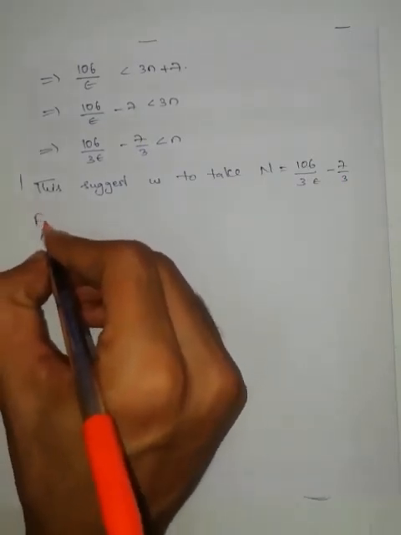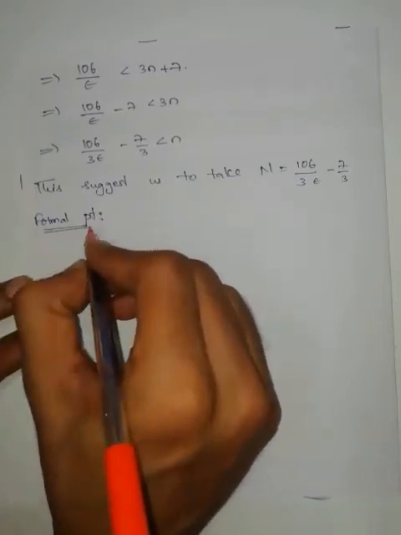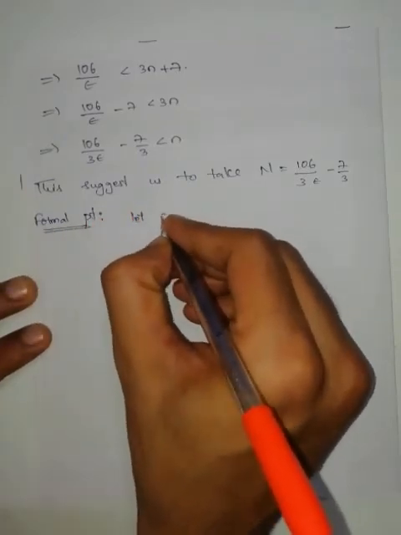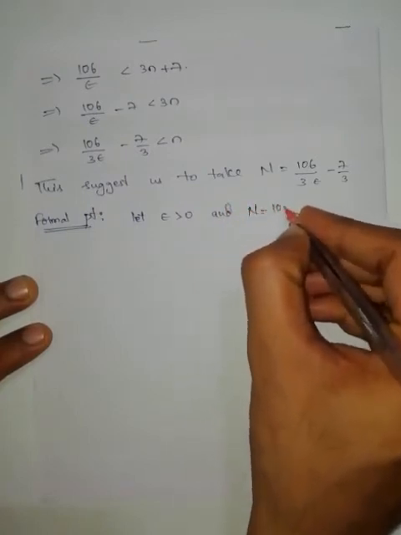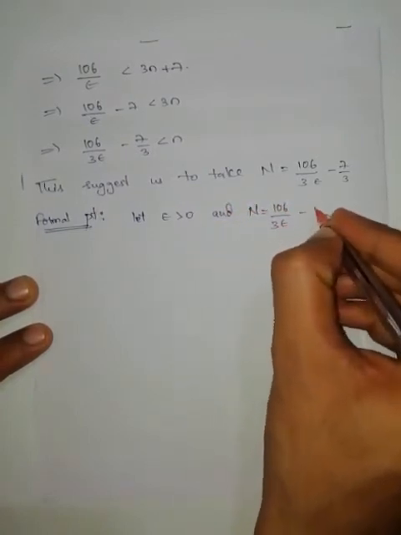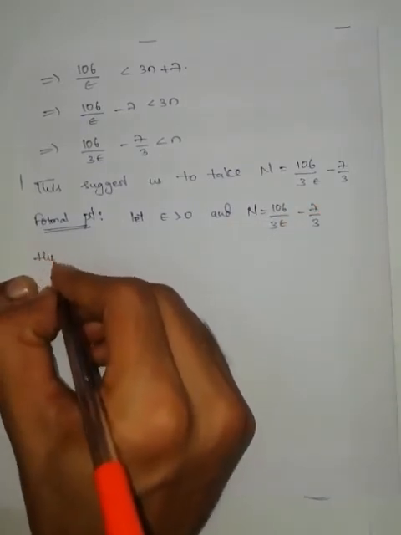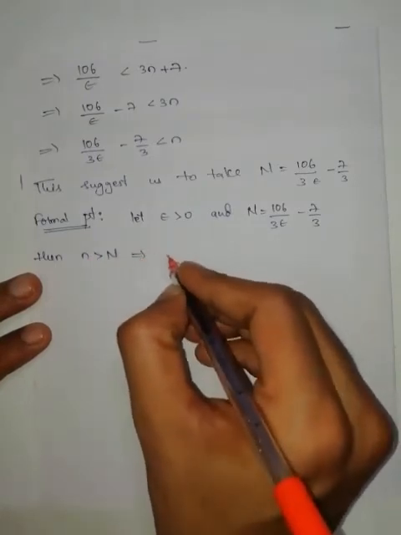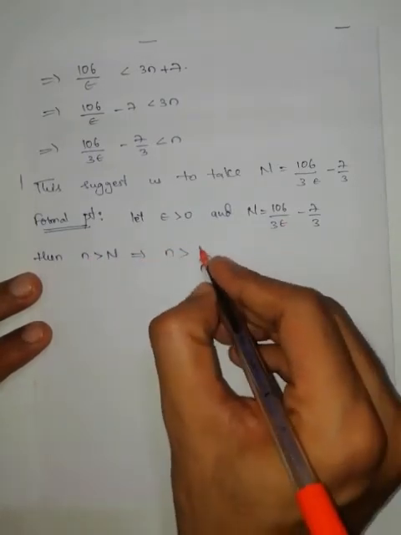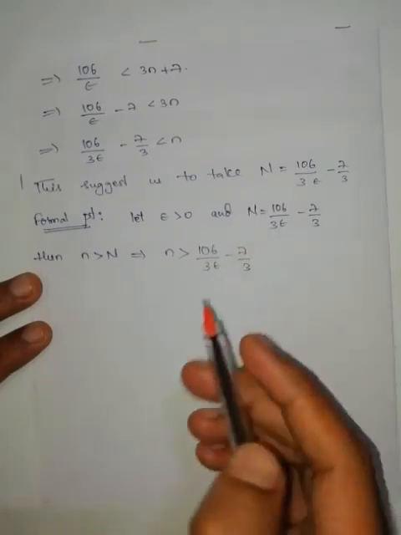So now formal proof. Let epsilon greater than 0 and capital N is equal to 106 by 3 epsilon minus 7 by 3. Then small n greater than capital N implies small n greater than 106 by 3 epsilon minus 7 by 3.